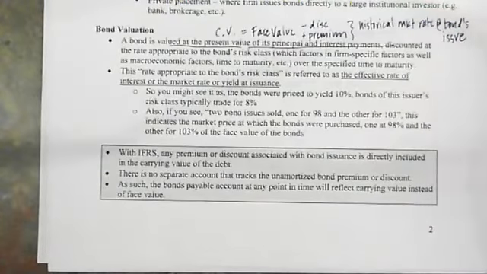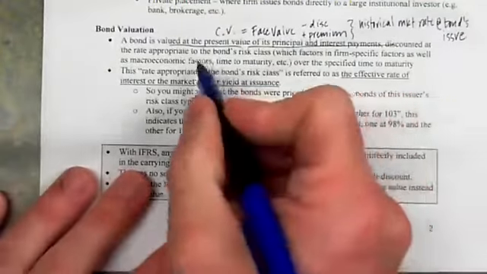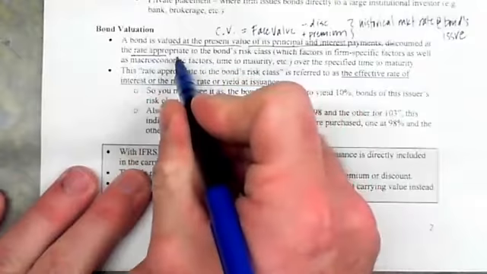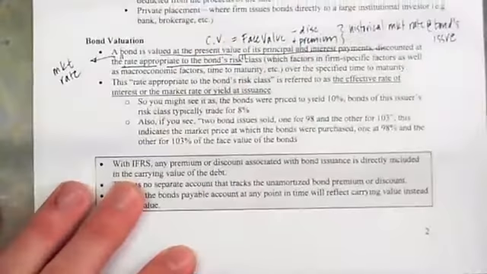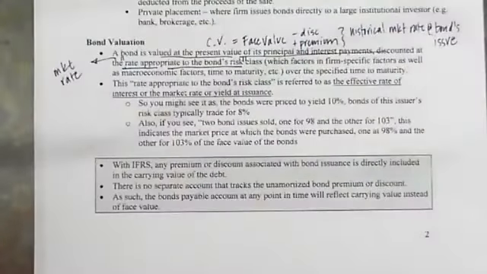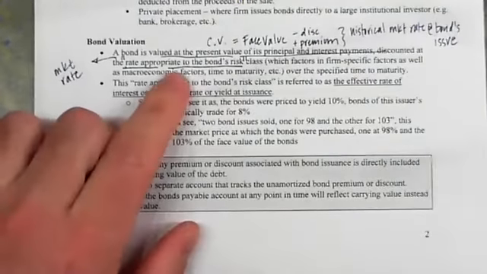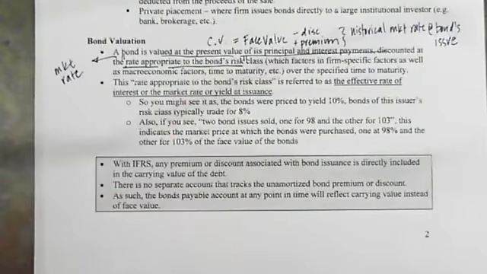All right. So we're going to take all of that, discount it at a rate appropriate to the bond's risk class. A rate appropriate to the bond's risk class is another way of saying the market rate, because markets are typically efficient in that they impound all of the information about a firm and then set the price equal to an appropriate discount rate that's discounted for the risk of the firm.